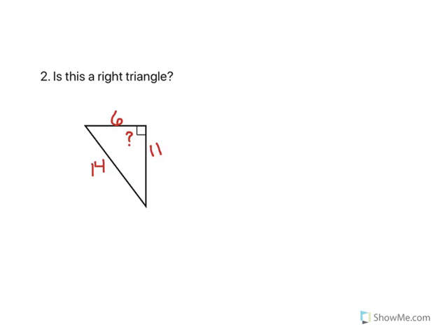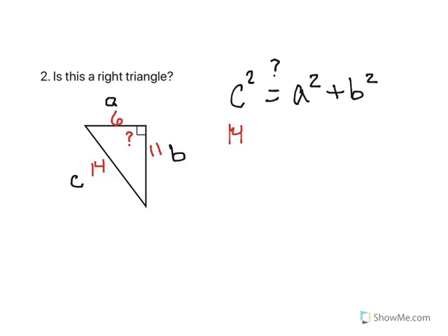Let's try one more. Right, so number 2, is this a right triangle? Notice I put a question mark by our right triangle symbol because we have to decide, is this a right triangle? The two legs are 6 and 11, and the possible hypotenuse is 14. So first, let's go ahead and label A, B, C. Remember, C is always going to be the largest, the longest side. Let's test it. Does c squared, question mark, equal a squared plus b squared?